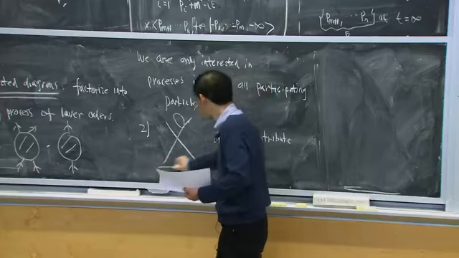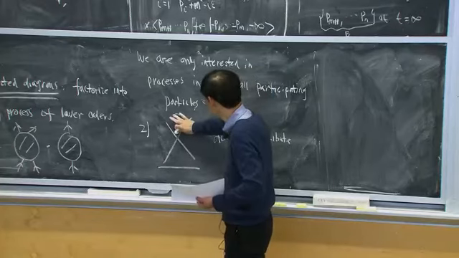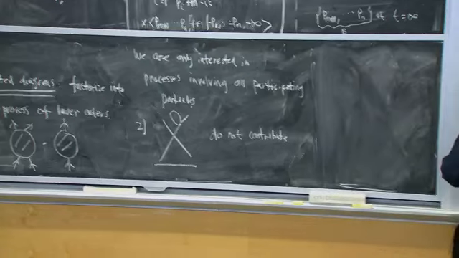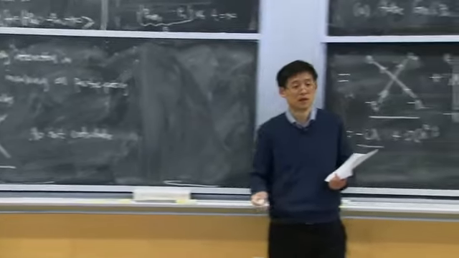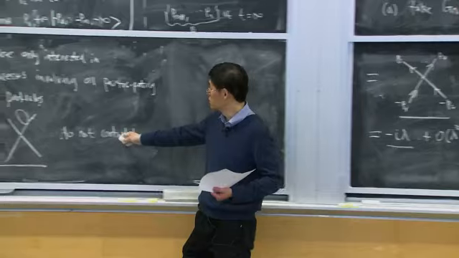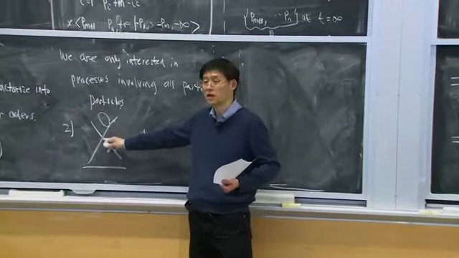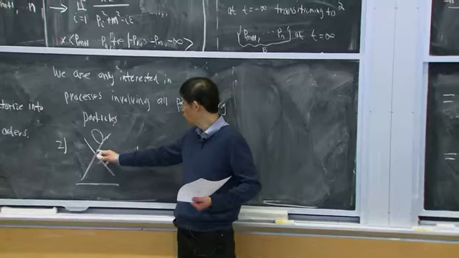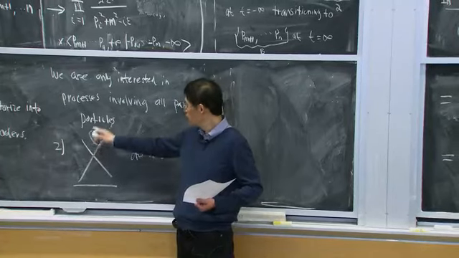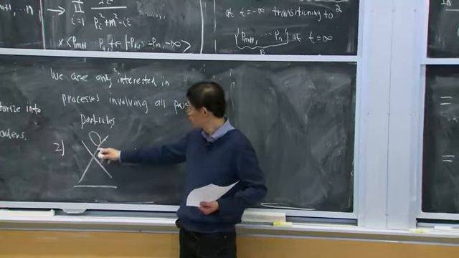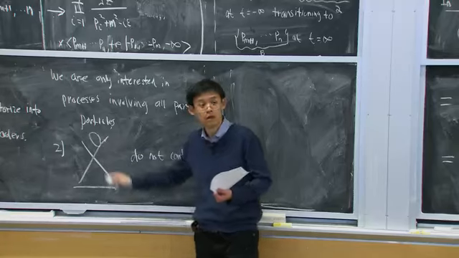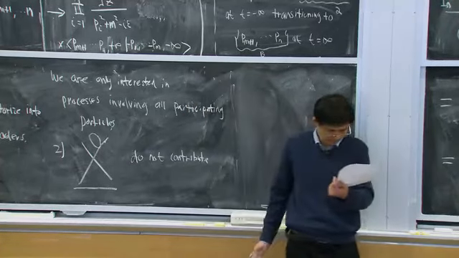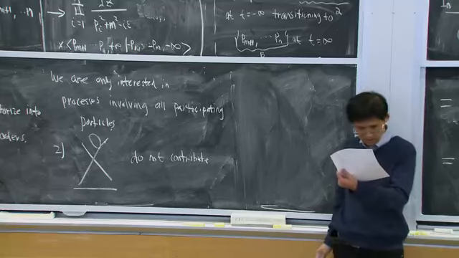Because after you have truncated the external legs, it's no different from this one, and so you don't have to count it separately. This just corresponds to some other process happening to this particular particle as it propagates to infinity. So when you truncate the external legs, you don't include them.